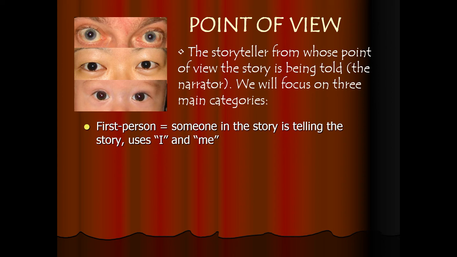The effect that it has is that the story is told through the eyes of this character, which means that the audience only knows what this character knows, only experiences what this character experiences. The only thoughts and feelings that we experience are the thoughts and feelings of this character.